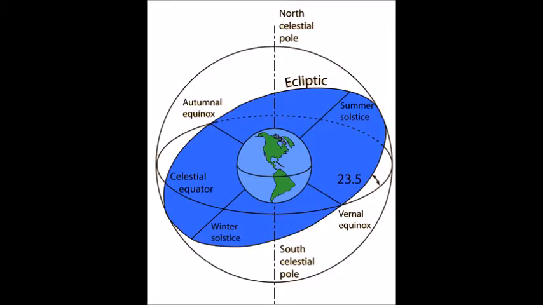Alright guys, welcome back. Now what you see on your screen is a picture, and that picture depicts the Earth, the celestial northern pole, the celestial southern pole. The blue disk is the ecliptic. The ecliptic in that picture is depicted to be on a 23.5 degree angle. However, that's not the absolute truth, because it is not the ecliptic that's on a 23.5 degree angle.